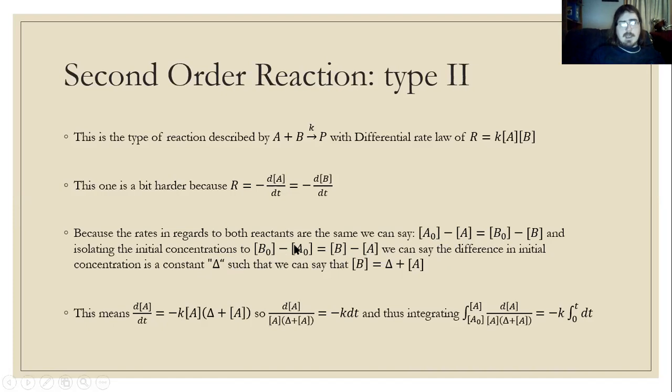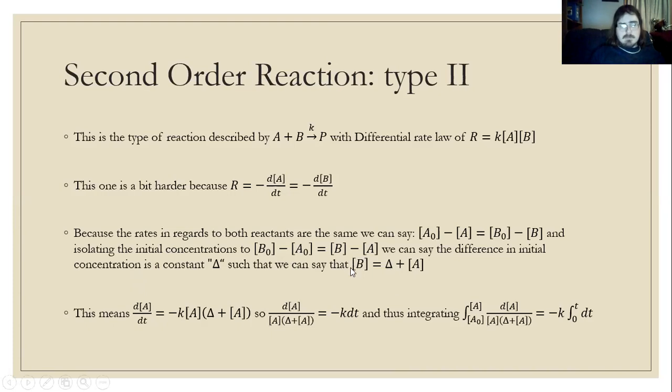So if A and B start at the exact same concentration, then delta is 0. But if A is less than B by, say, 3 moles, we can say delta is 3.